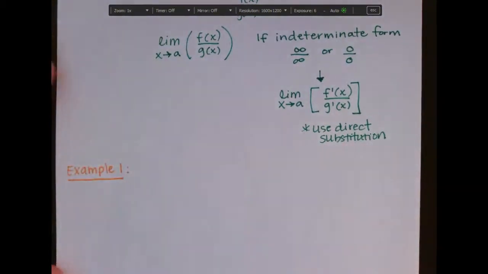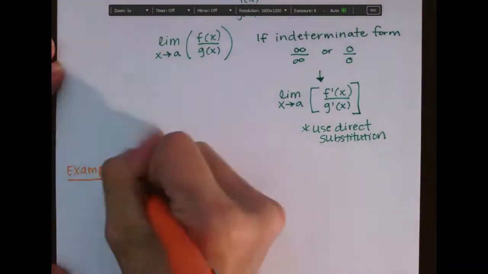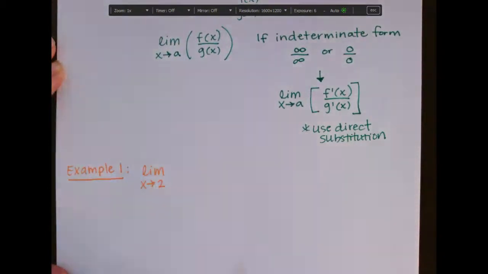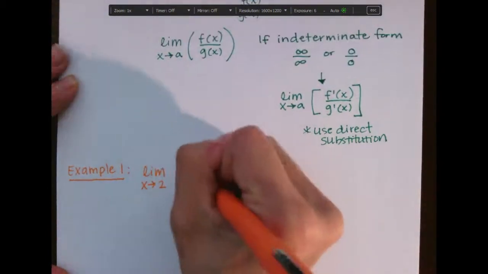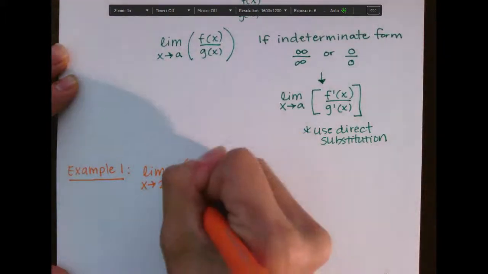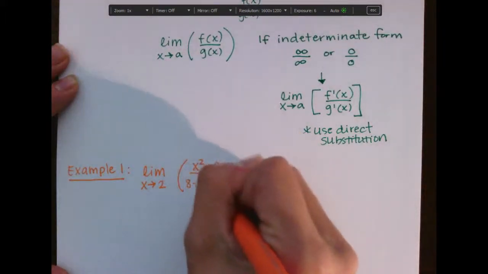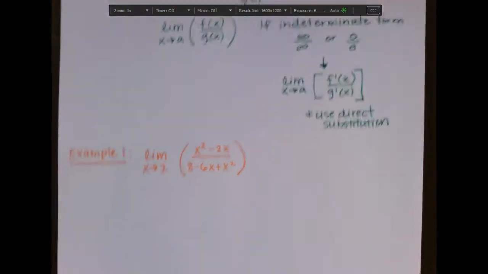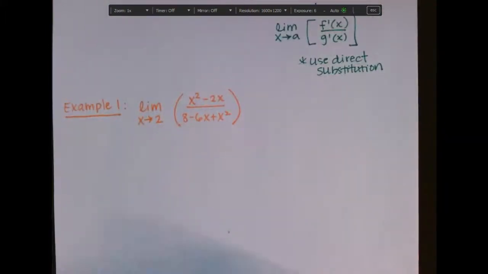In example 1, let's try to find the limit as x approaches 2 of the function x squared minus 2x over 8 minus 6x plus x squared. If you go back to chapter 2 in this course, we evaluated limits that looked like this all the time.